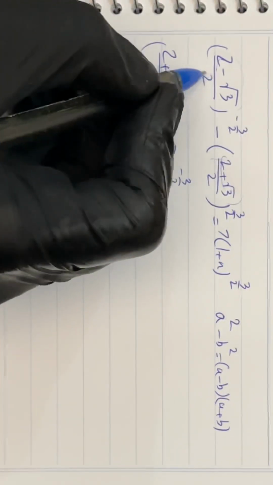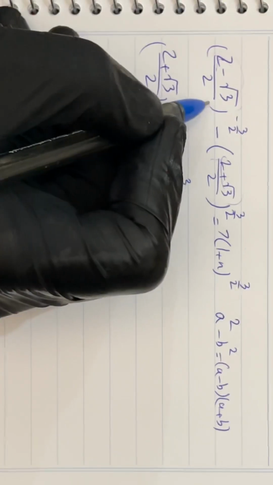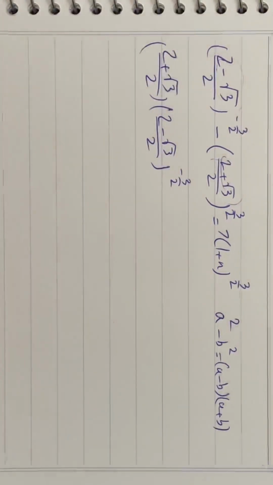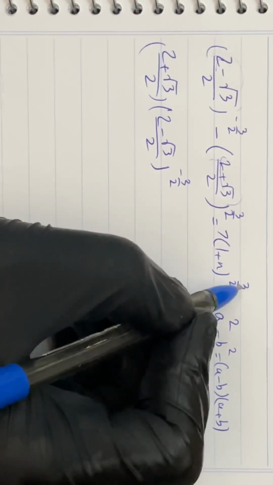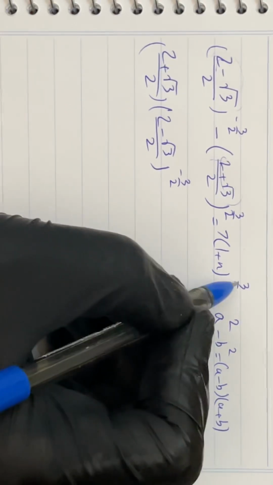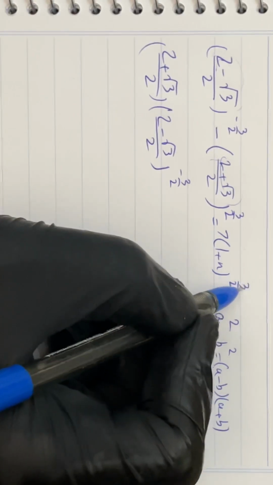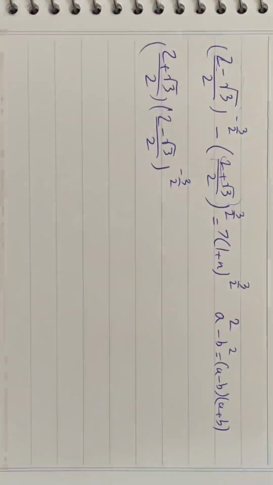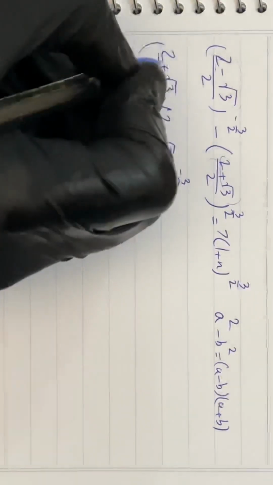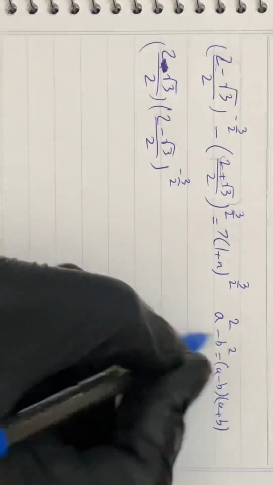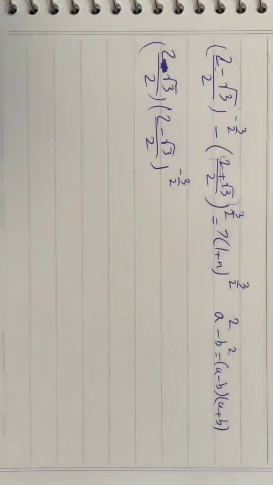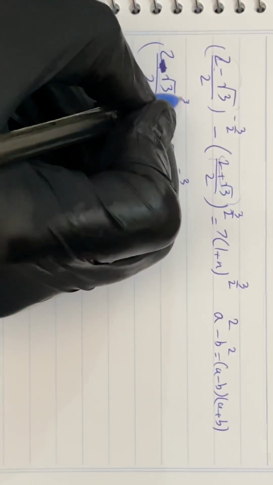And why did I multiply this? Because we also have 3 over 2 here. Oh, I'm sorry, I should have had the identity here, so I forgot it.